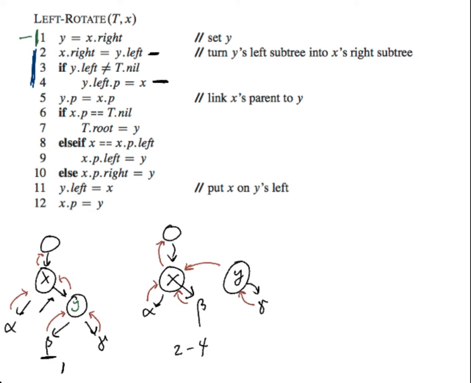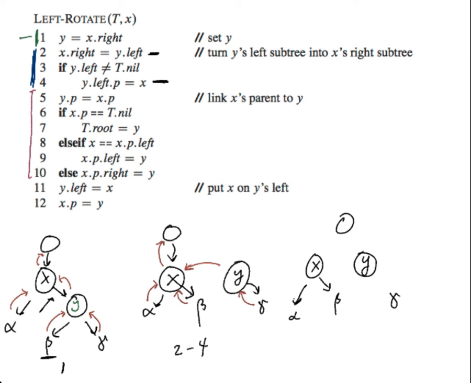Now let's look at lines 5 through 10. What's going to happen here is we're going to update y's parent pointer. I know it's kind of a lot, but there it is. X, y, and alpha, beta, gamma.